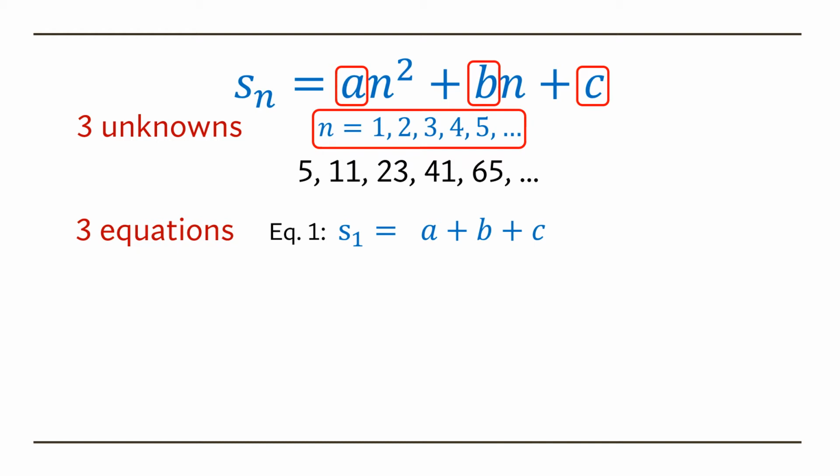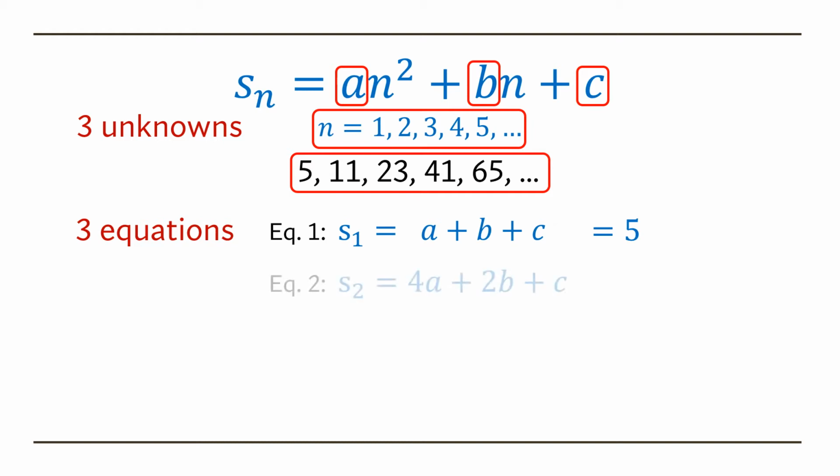Now, S sub 1, we said, was the first element in our sequence. So if you look at this sequence, we can see that the first element is 5. So there's our first equation: a plus b plus c is equal to 5.